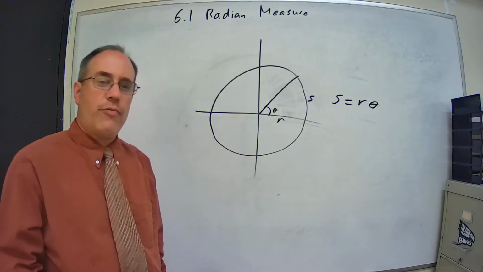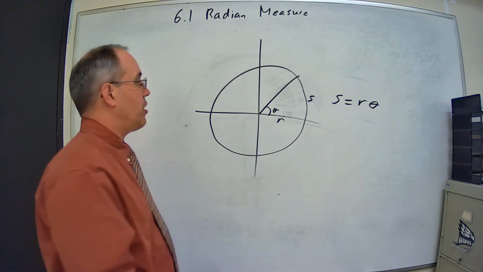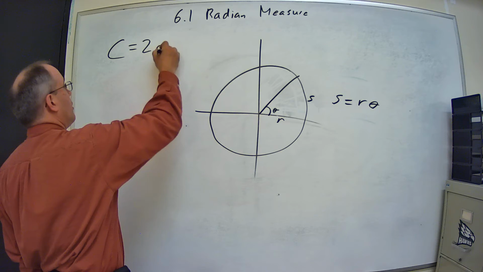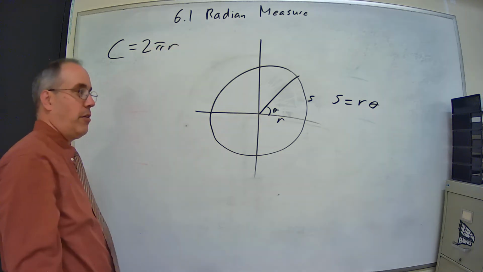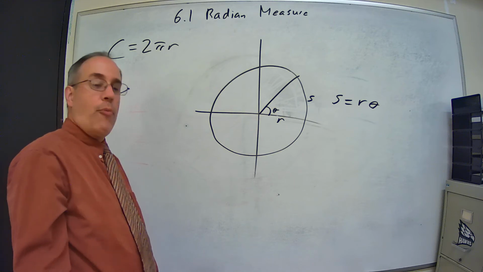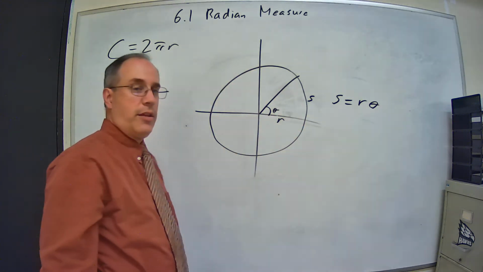What is the circumference of a circle? The circumference of a circle, C, is 2 pi r. How many radians are there in a circle? If I go all the way around, how many radians?